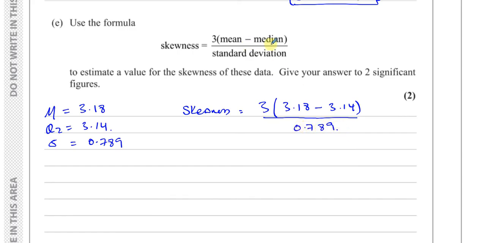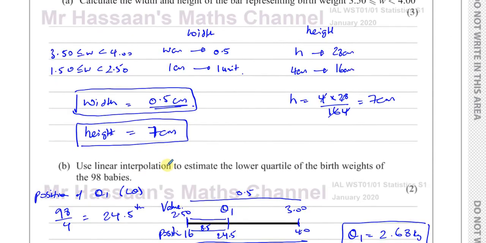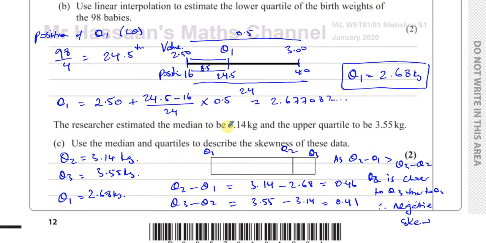Okay, the mean minus the median over the standard deviation. Let's just make sure I wrote the right number down. So you have 3.14, that's right, median.